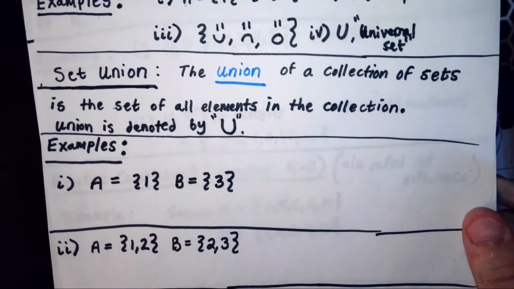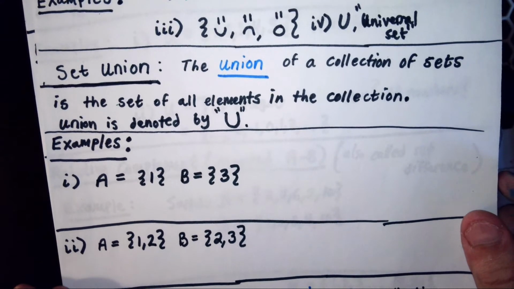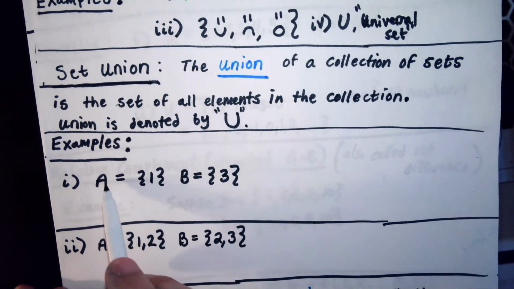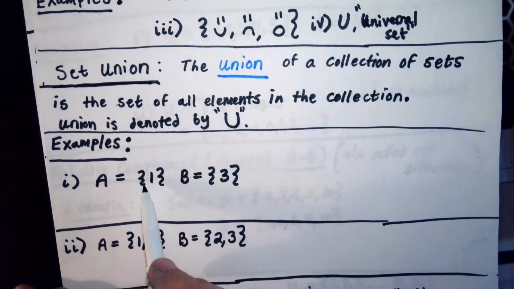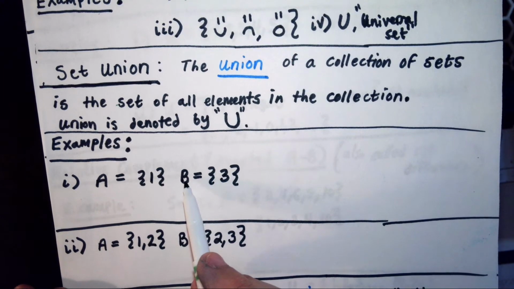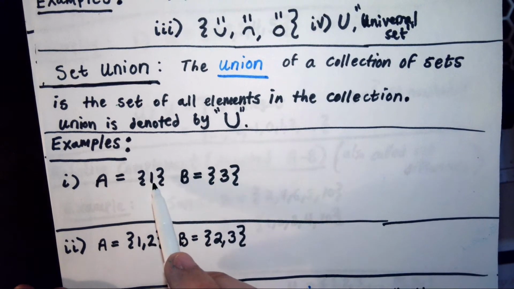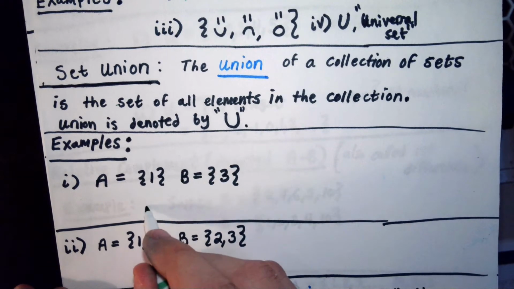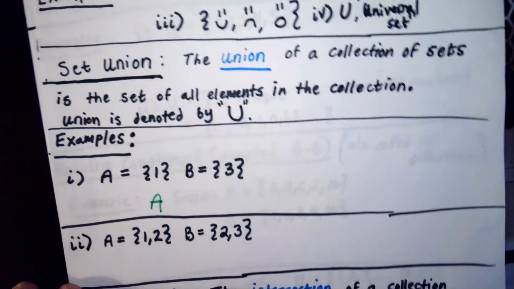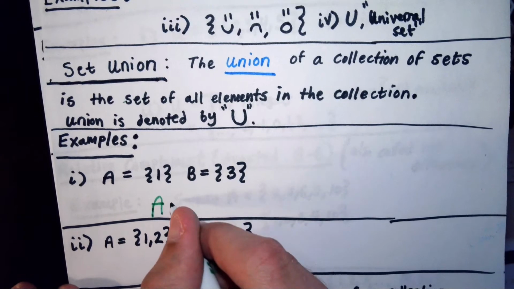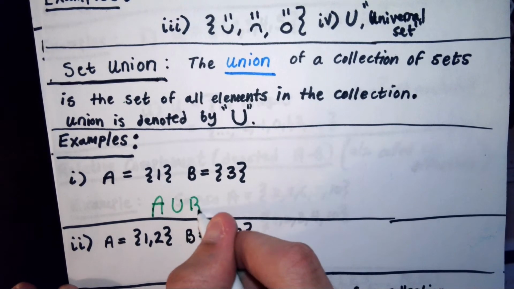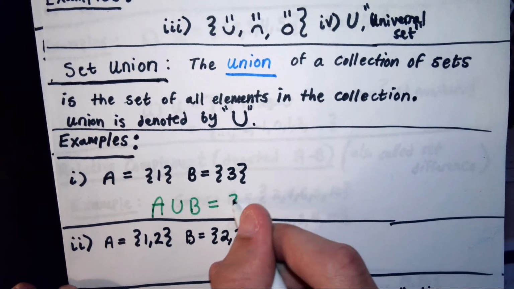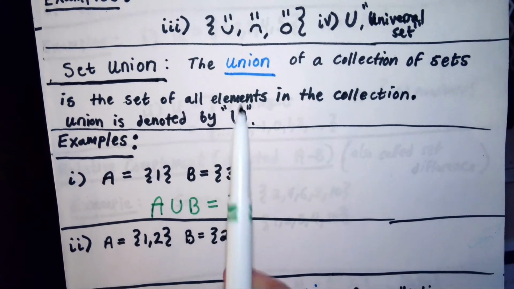All right. So now to our first set union example, we have the singleton set A is {1}, and we have the singleton set B is {3}. So we're unioning sets that each have one element in them. A union B. Let's reread the definition of set union.